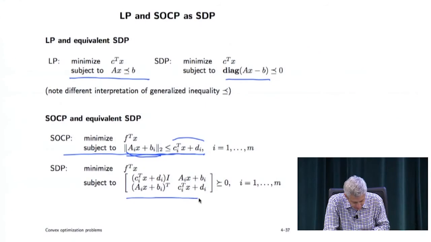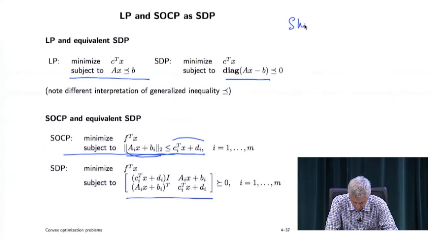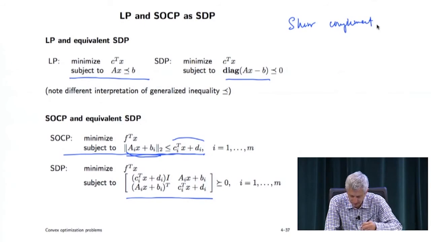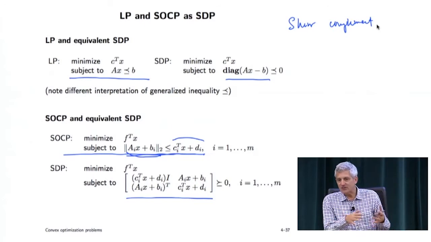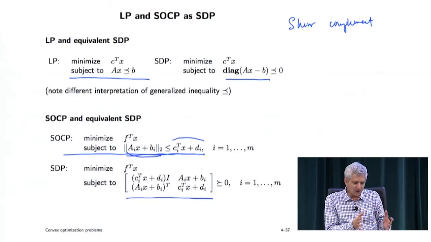Or let's look at it. So you write it this way. Now, that's the identity. That's a scalar. That's a vector, and that's a scalar. And it asserts that, and this is going to be by the Schur complement, right? That's the Schur complement idea. And the Schur complement tells you various things about when a block matrix is positive semi-definite.